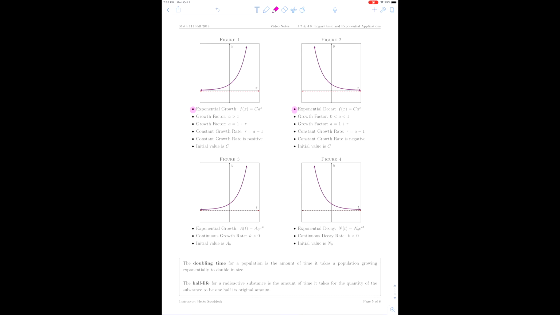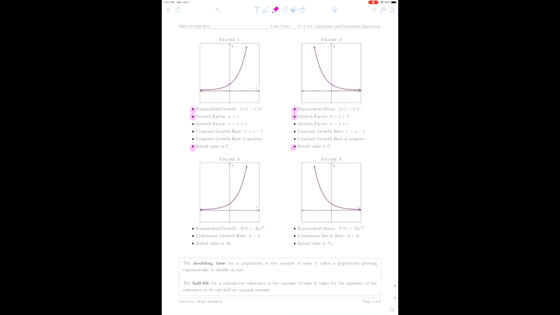Now, to refresh our memory, c is the initial value, so right in the beginning when we start at time 0 is when we find our value c. Then we have our growth factor, a, so that's over here. Here is where the two distinguish themselves, so it's actually in the a.